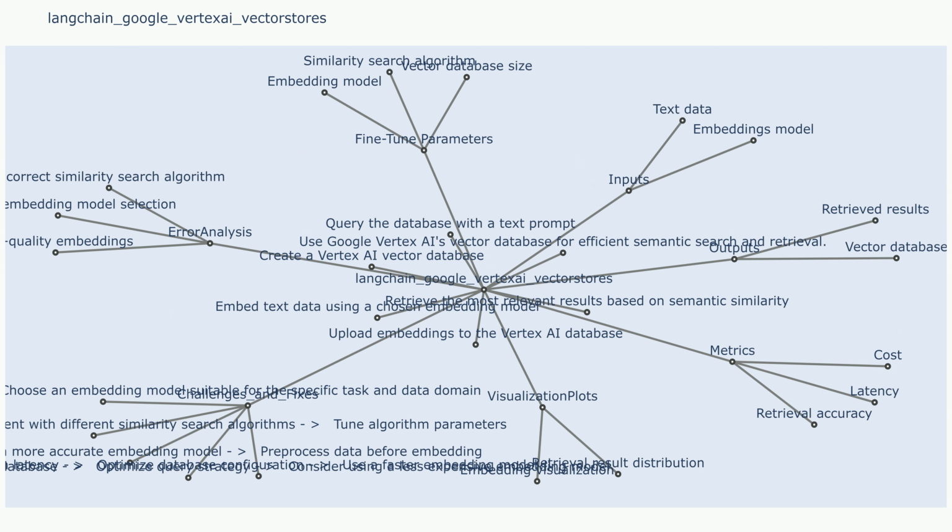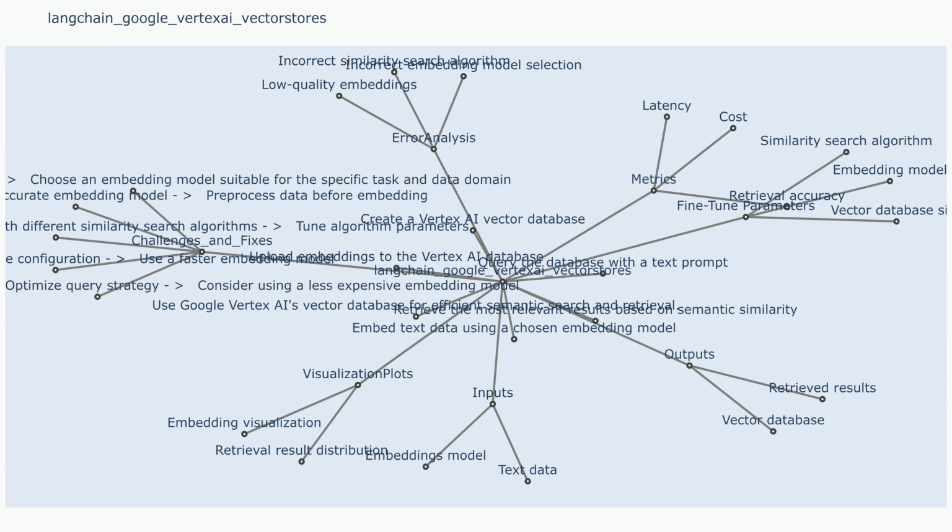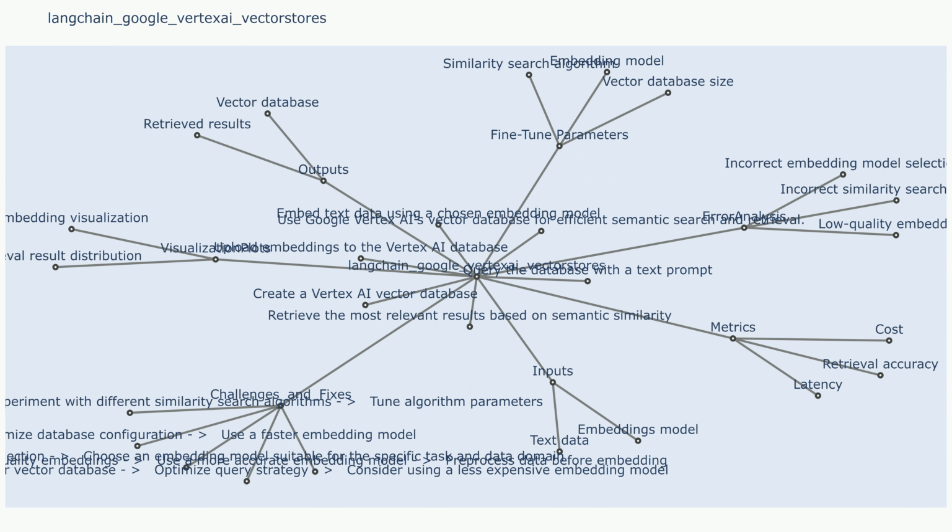Inputs. Embedding model. This input is a pre-trained embedding model that maps text into numerical vectors. The model can be chosen from Google's selection of Vertex AI pre-trained models or a custom model. Uploaded data: the text data you want to embed and store in the vector store.